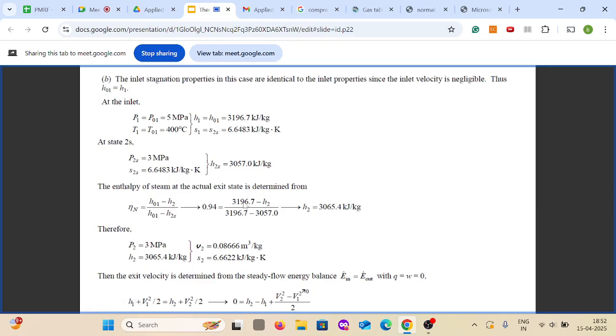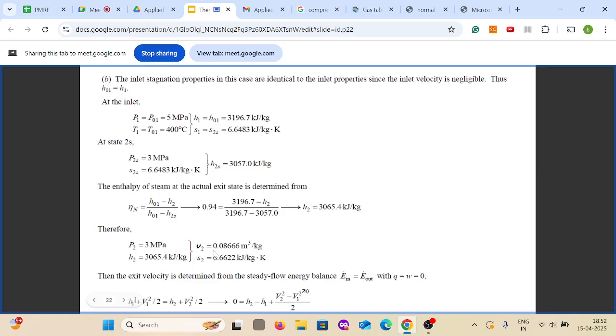So H01 minus H2 divided by H01 minus H2S equals 0.94. From here we can find out H2 to be 3065.4 kilojoule per kg. So we know the enthalpy, and we know the pressure, which is 3 megapascal. Using these two we can find out the specific volume and entropy.